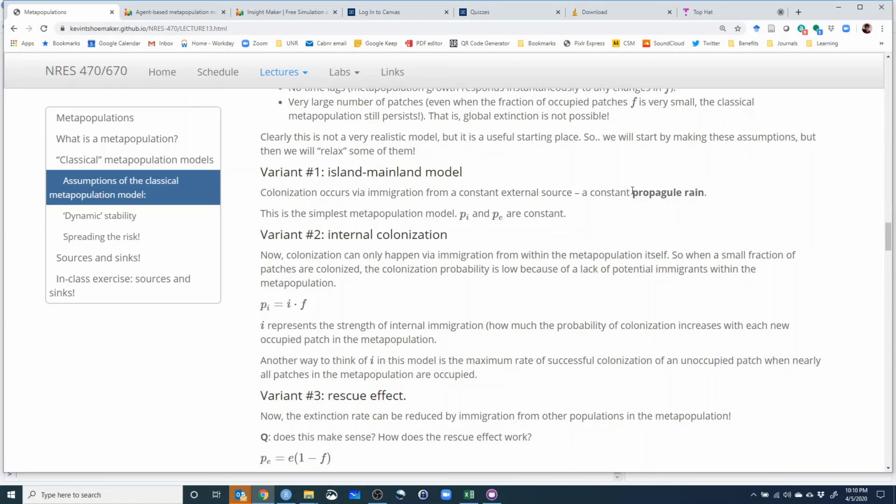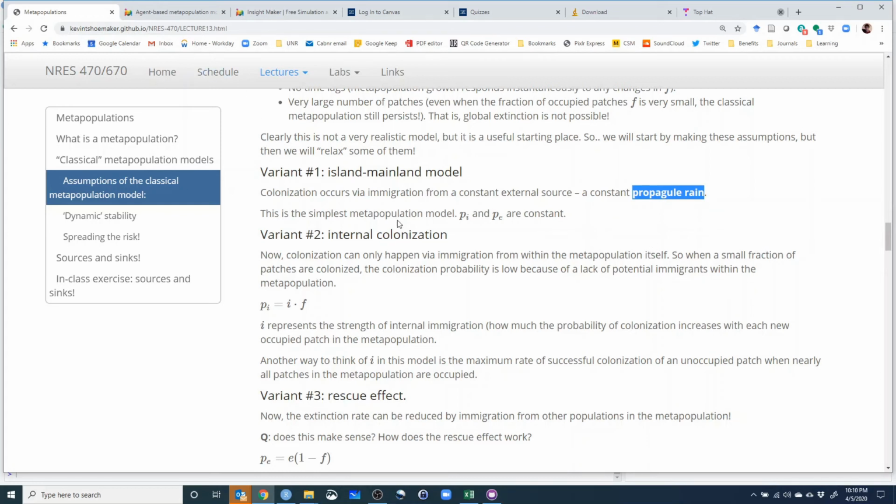And those immigrants are called sometimes, which is a term I really appreciate, propagule rain. So it's kind of a graphic way to think about it. You just have this rain of individuals coming from the mainland that is landing on the islands. So it's kind of this external force, where new immigrants are constantly arriving at the islands from the mainland through this propagule rain.